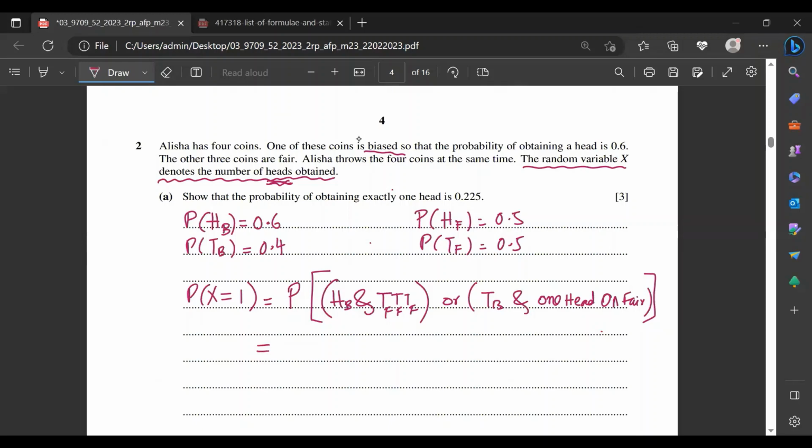So one head on the fair means one head and the rest are tails.